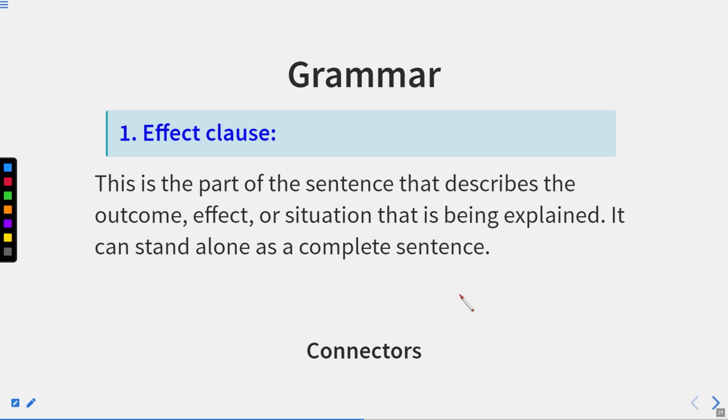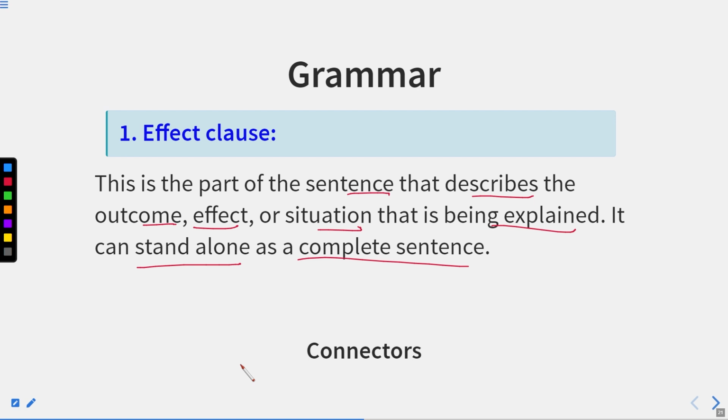Now, effect clause. Effect clause refers to the result that we are getting, the outcome that we are getting because of that particular situation that has caused something. This is the part of the sentence that describes the outcome, effect, or situation that is being explained. It can stand alone as a complete sentence. Now, the part which begins with the word because, that is the cause.